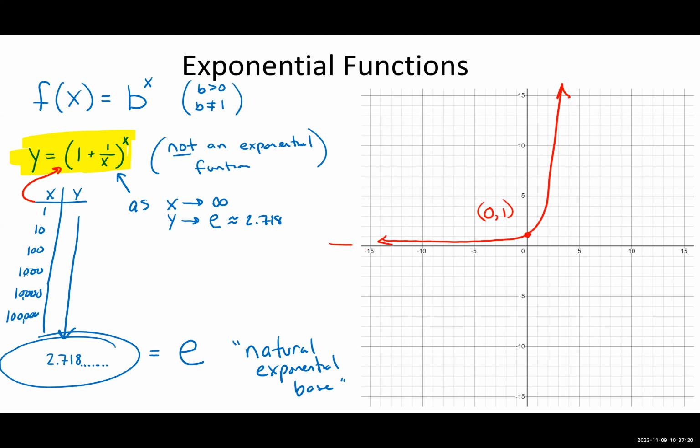Horizontal asymptote at 0. Whether it's 2 to the x, 3 to the x, 4 to the x, 8 to the x, 11 to the x, they all look like this. E to the x looks like this. So this would be the graph of f of x is equal to e to the power of x. I'm bringing up this number e now because we're going to be using it later in this video, also in the next couple of videos as well.